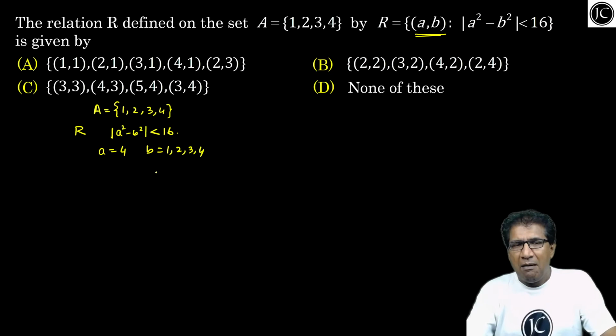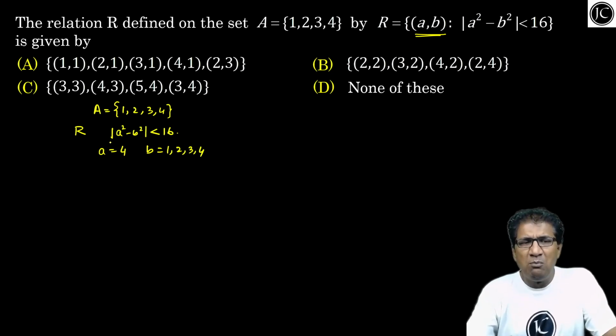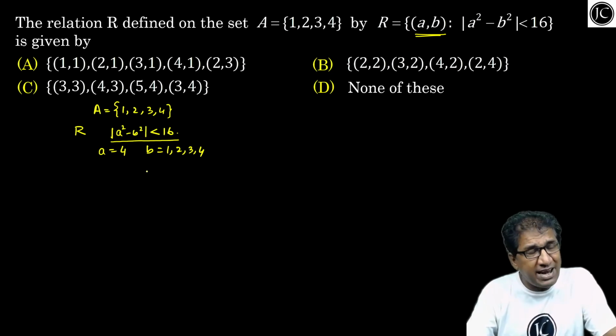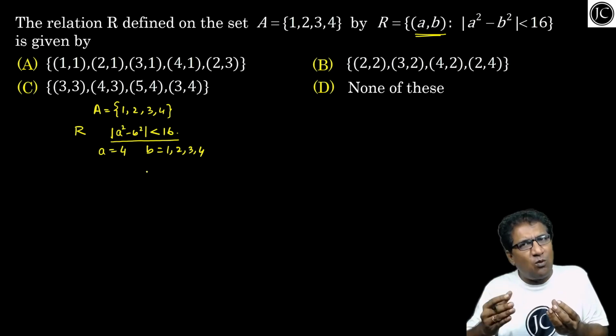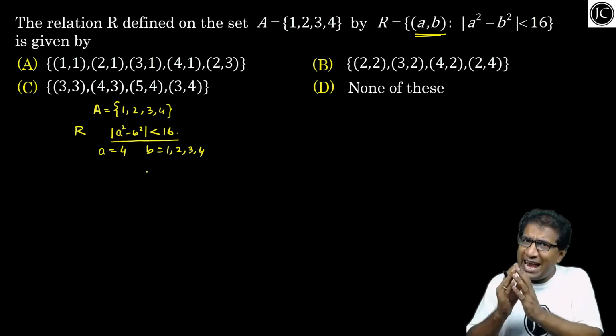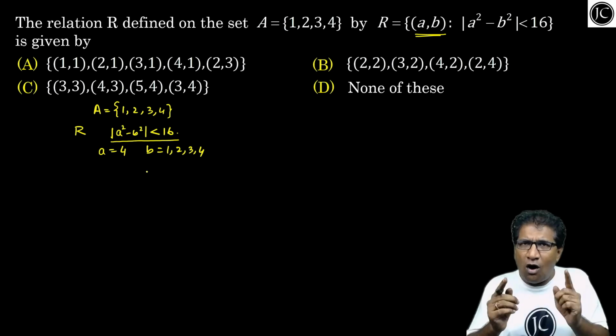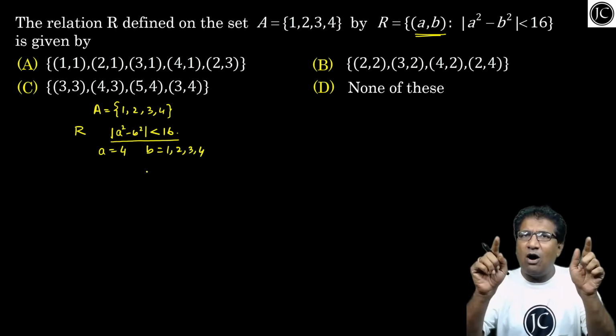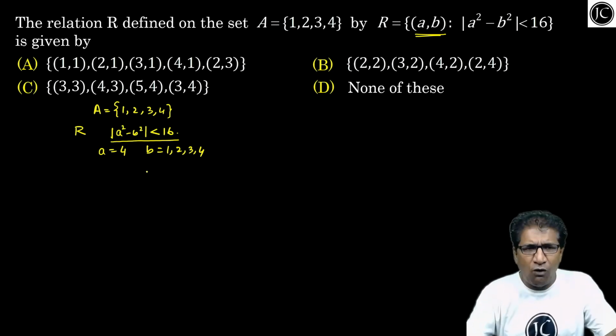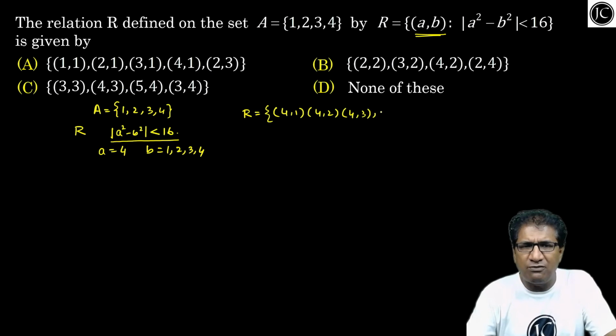Think about it. Because everywhere modulus of a square minus b square will be less than 16. Therefore, the elements that will come in R are (4, 1), (4, 2), (4, 3) and (4, 4).